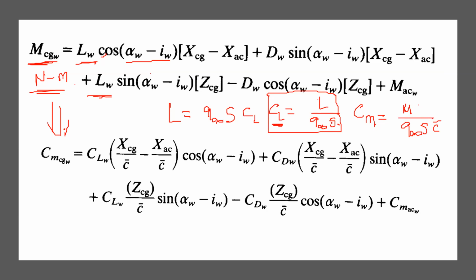Now for the moment, the dimension is Newton meter. So force and length, Newton meter. So for the moment equation, you keep in mind that there is an extra C bar also here when we define CM. All right.